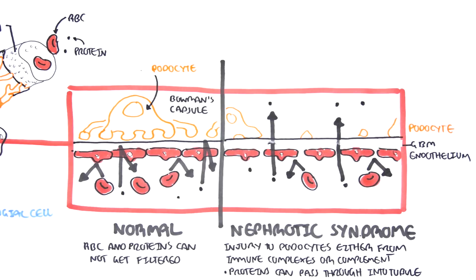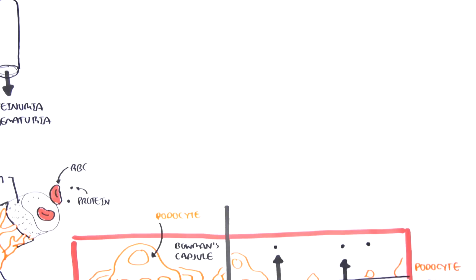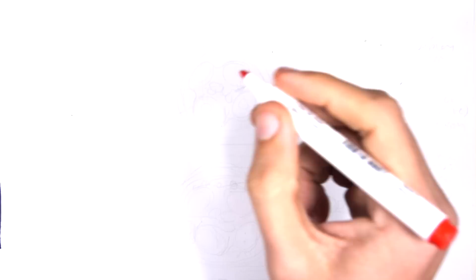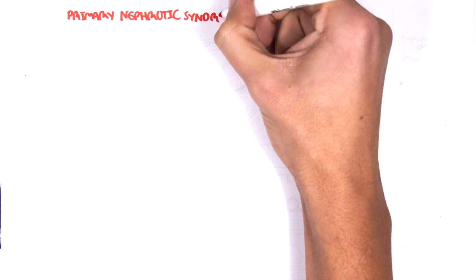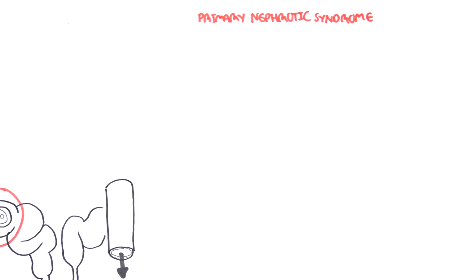You have immune complex and complement proteins leading to damage to the podocytes, which normally would prevent protein from getting through. But there are different types of nephrotic syndromes, and these can be divided into primary or secondary nephrotic syndromes.